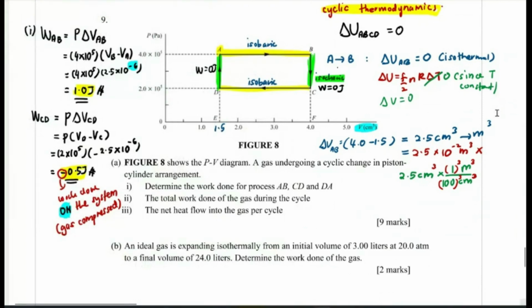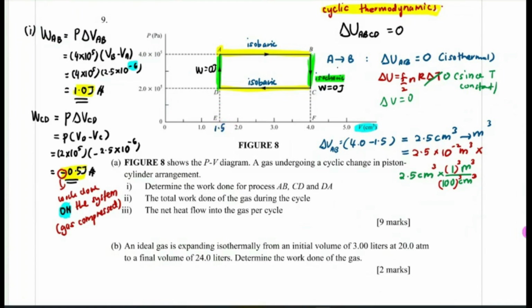Maknanya contohlah work done on the system. Work done on the gas. Kita tolak gas tu. Awak nampak daripada C to D ni. Nampak tak? Dia compress. Daripada 4 cm3, bila kerja atau kita tolak gas tu, work done on the gas, so dia akan compress menjadi 1.5 cm3.